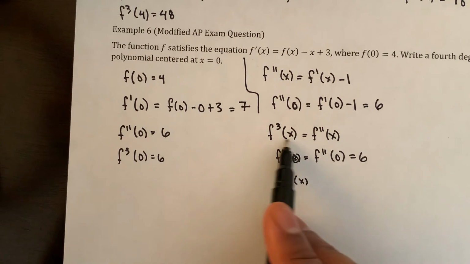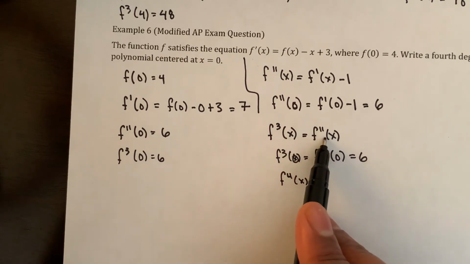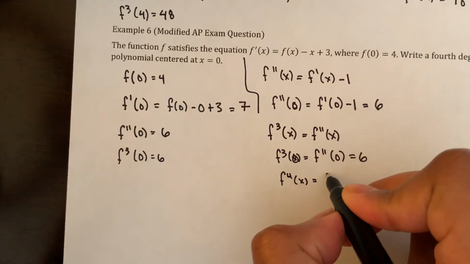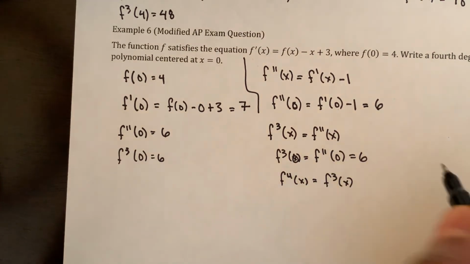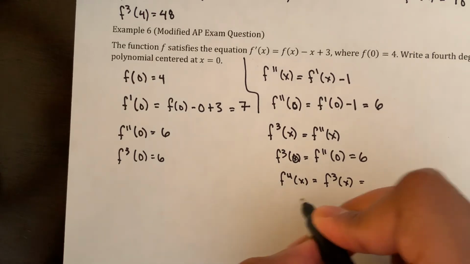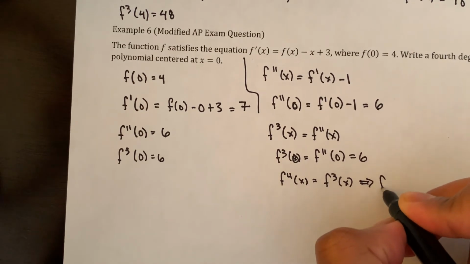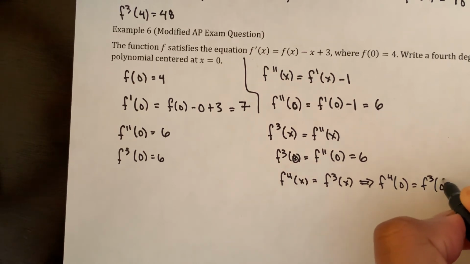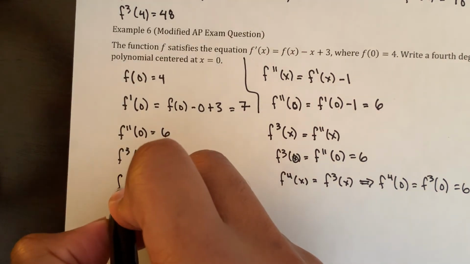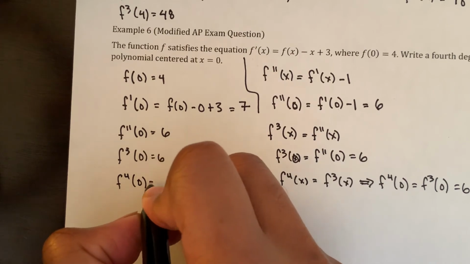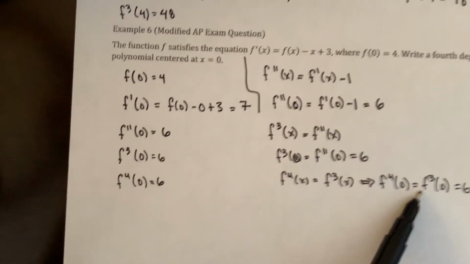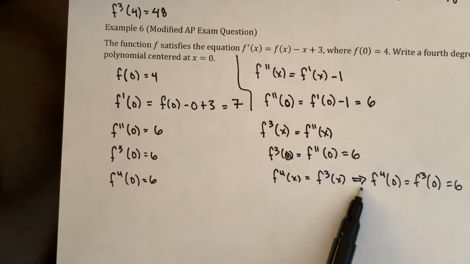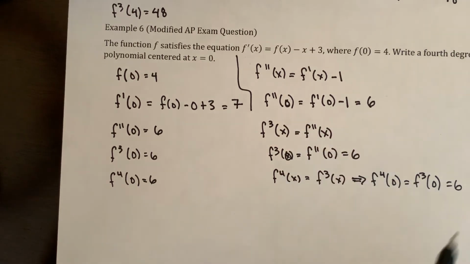So starting here, the third derivative is equal to the second derivative, and the fourth derivative is equal to the third derivative. So that's going to imply that f4 of 0 equals f3 of 0, which equals 6. So at this point, every derivative from the second derivative onward is going to be 6.